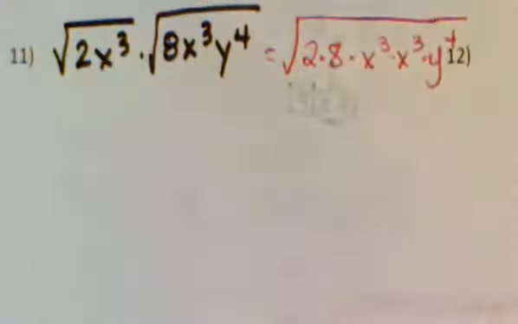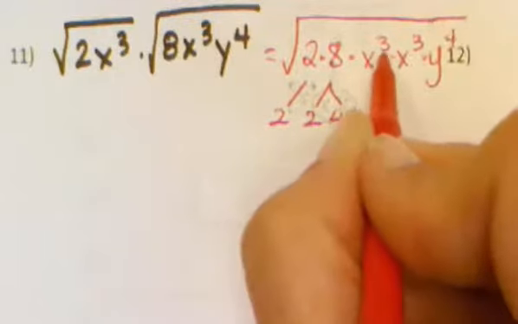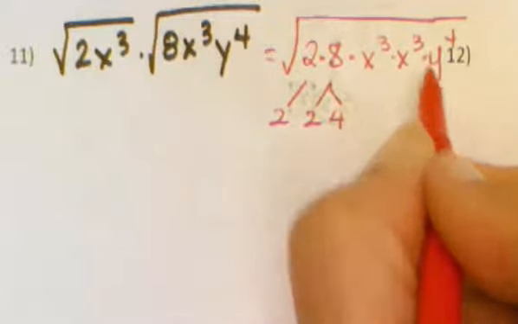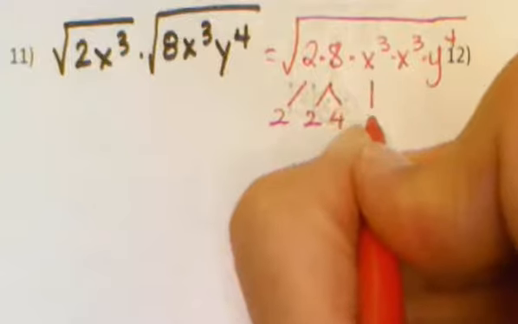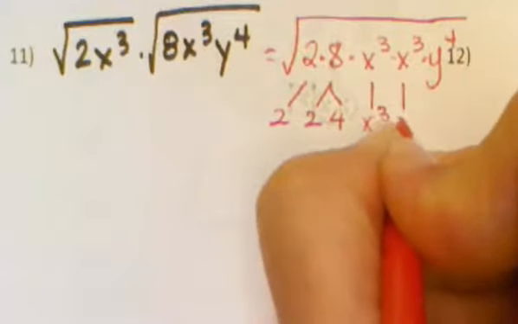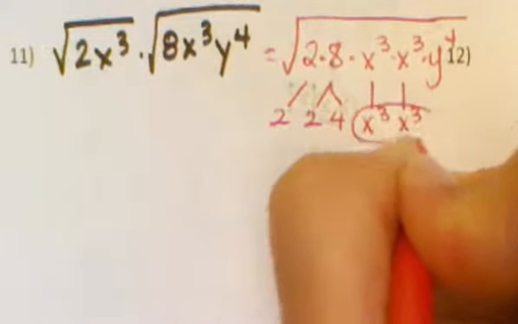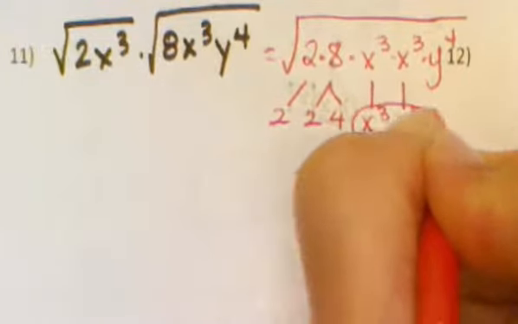times 4. And then here, I'm actually not going to branch off all of my x cubes because I can see that I have x cubed and those match. So I'm just going to bring down an x cubed and an x cubed because that can be a pair. And then my y to the 4th, I'm going to remember that that can be y squared. And again, a pair.